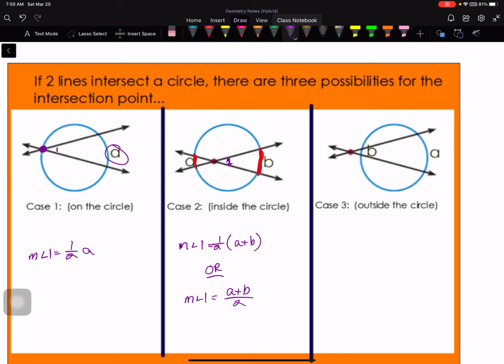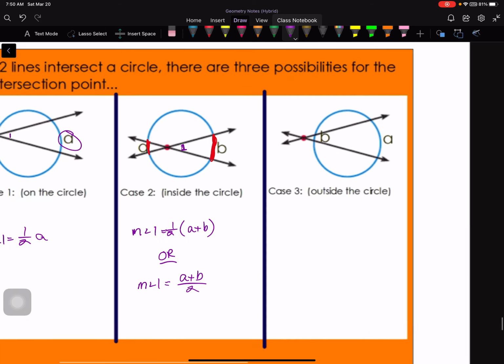Either way, that'll get you the measure of that angle. And then you might be asking yourself, how do I know that that's angle 1 and that's not angle 1? Well, it really doesn't matter because they are vertical angles, so they should be the same regardless. So we'll call that angle 1. Doesn't matter, just because it's a bigger space to write in.